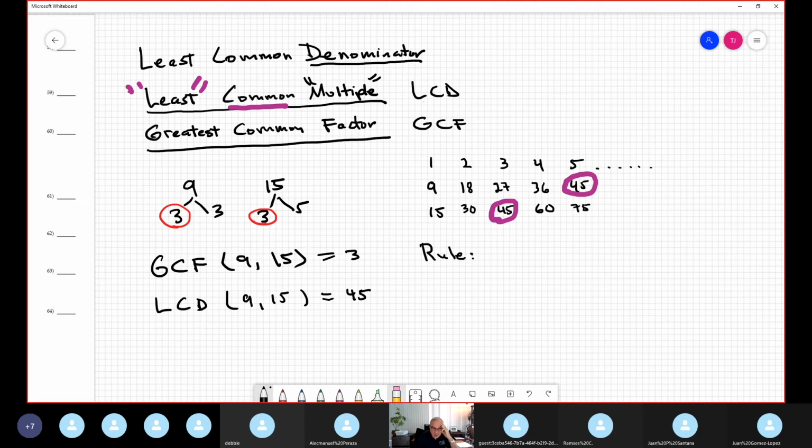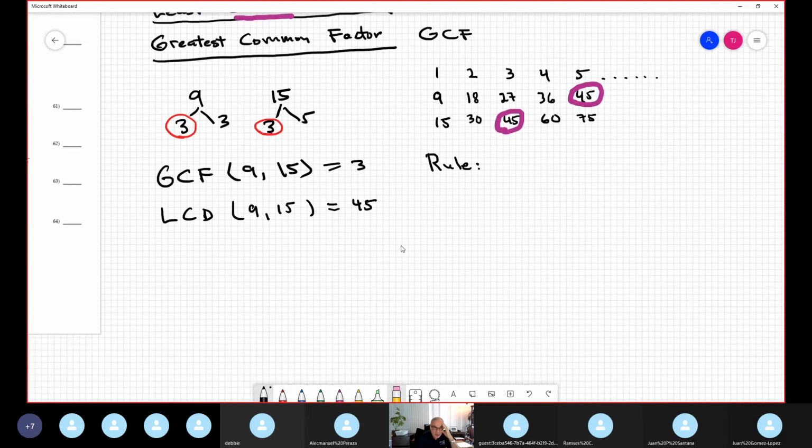When you're doing the factorization, I want to repeat again. Look, 9 is 3 times 3, and 15 is 3 times 5. The rules say you have to take every factor, not like the GCF where you take the repetition.